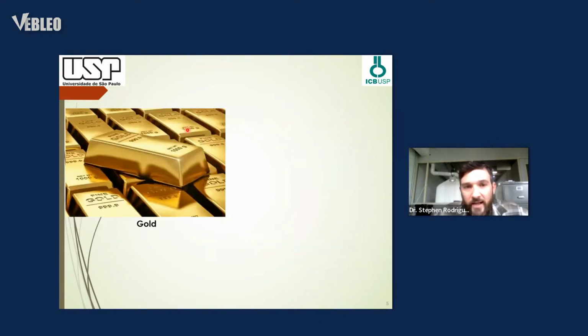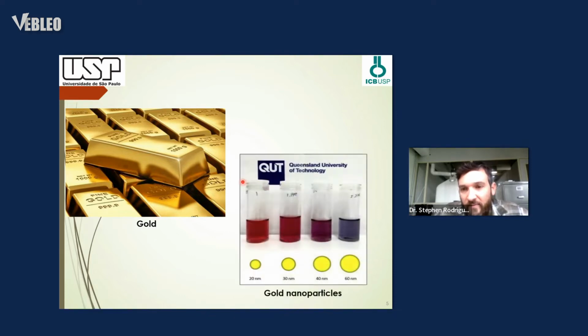This is gold, as everybody knows, with its characteristic yellow color and value. But when we have nano gold, you see that even the color, which is a physical property, is changed.